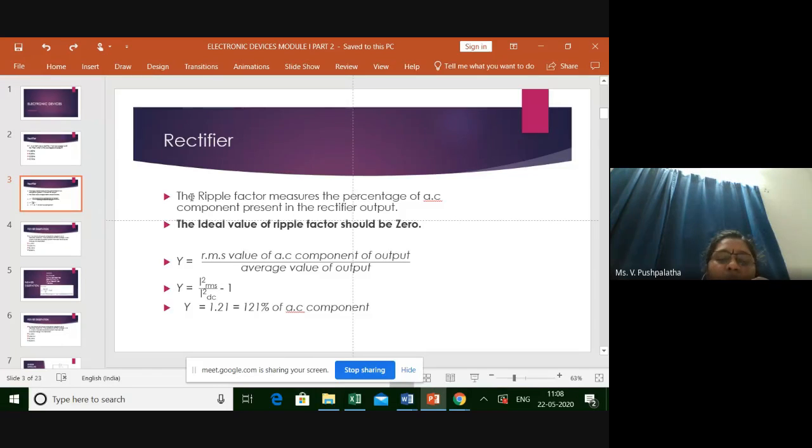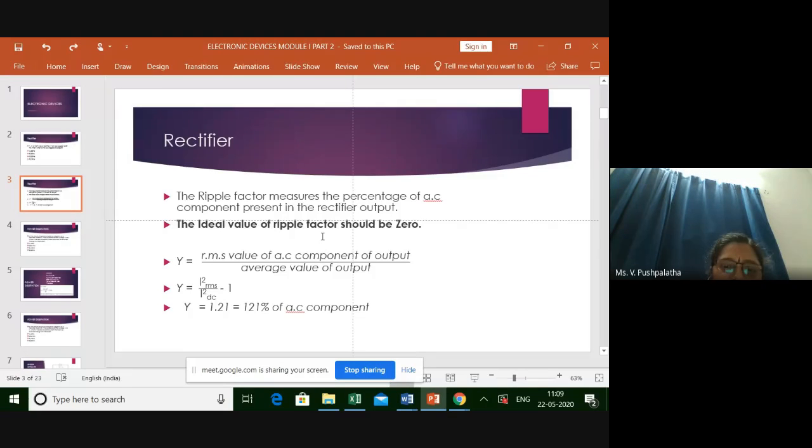Pulsating DC means both AC as well as DC components are present at the output. Now, our aim is to get a pure DC, right? So now we need to calculate what is the percentage of AC present. If you see, the ideal value of a ripple factor should be 0.